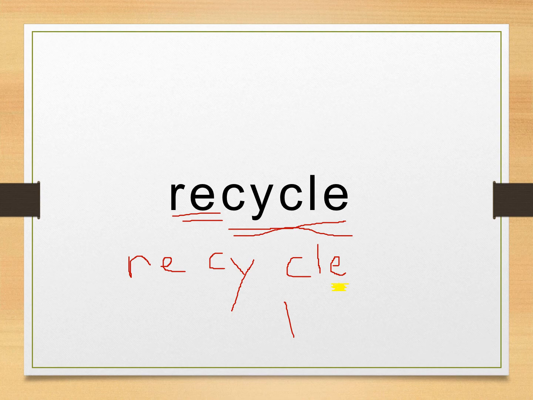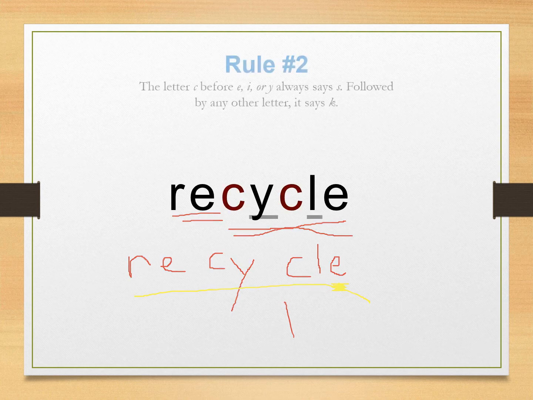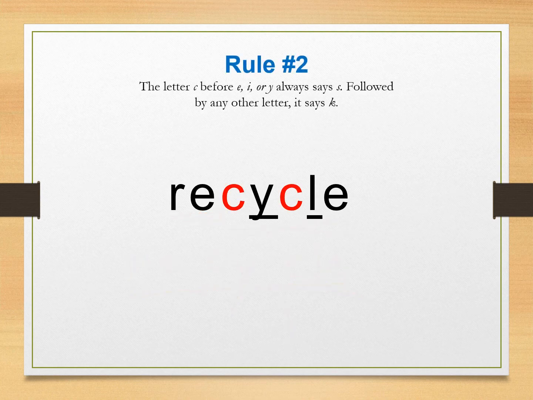We'll talk about silent final E in another video. This word is recycle. Recycle. The letter C before an E, I, or Y always says S. Followed by any other letter, it says K. Recycle.